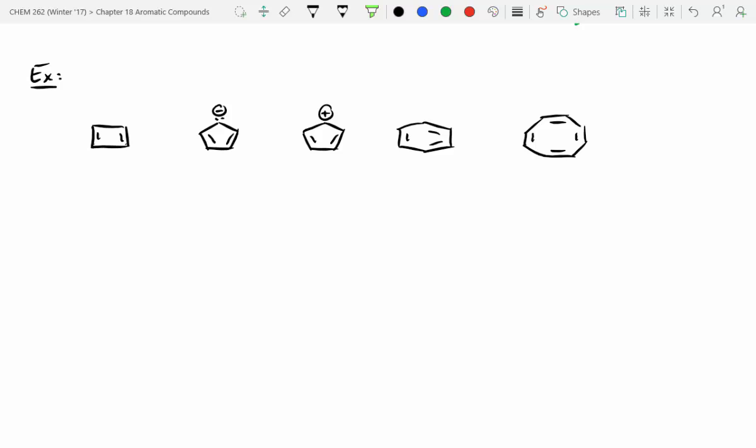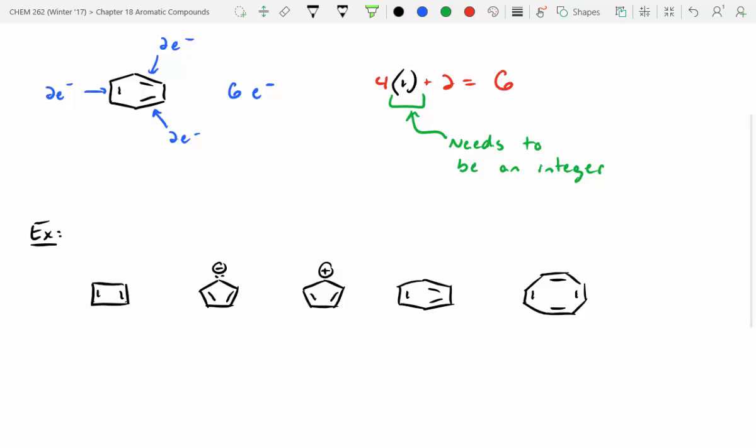It's 4n plus 2. Is that all it says? Yes, as long as the number of electrons equals 4n plus 2 for your p orbitals in the ring system.